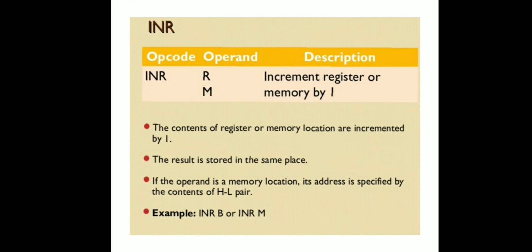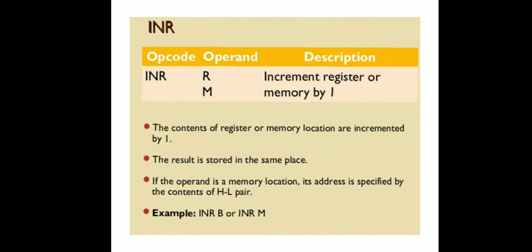INR. This instruction is used to increment register or memory by 1. That is, the content of register or memory location is incremented by 1. The result is stored in the same place.